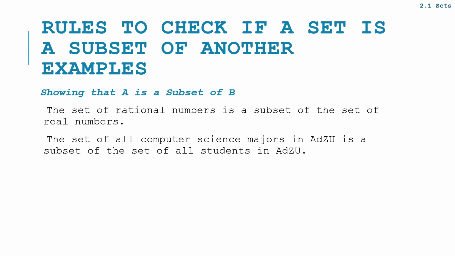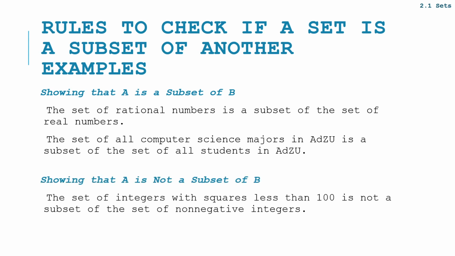Again, the set of all computer science majors in ADSU is a subset of all the students in ADSU. To show that A is not a subset of B, an example is the set of integers with squares less than 100, which is not a subset of the non-negative integers.